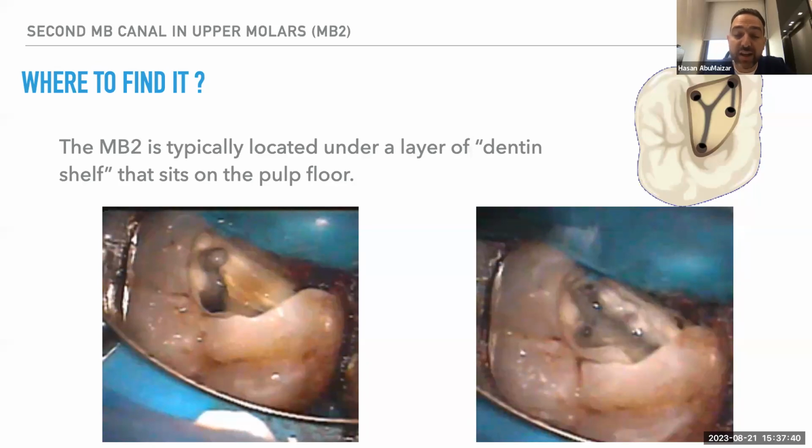After you remove the dentine shelf, you might see a blood spot if you're dealing with a vital tooth, or a small white shadow if you're dealing with a necrotic tooth or a retreatment case. So usually this is how we remove the dentine shelf.